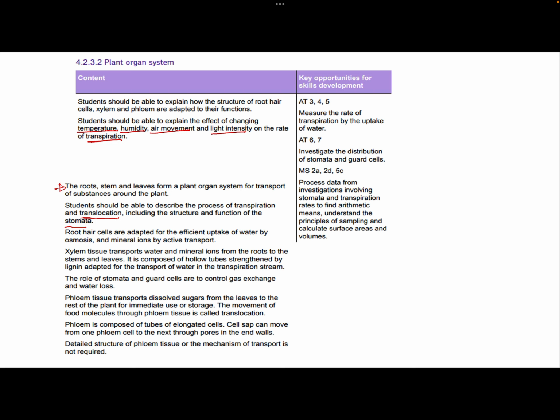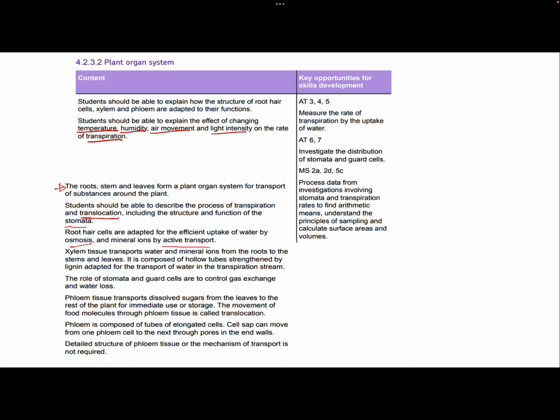Root hair cells are adapted to the efficient uptake of water by osmosis and mineral ions by active transport. So you have two different processes there. Xylem tissue transports water and mineral ions from the roots to the stems and leaves.